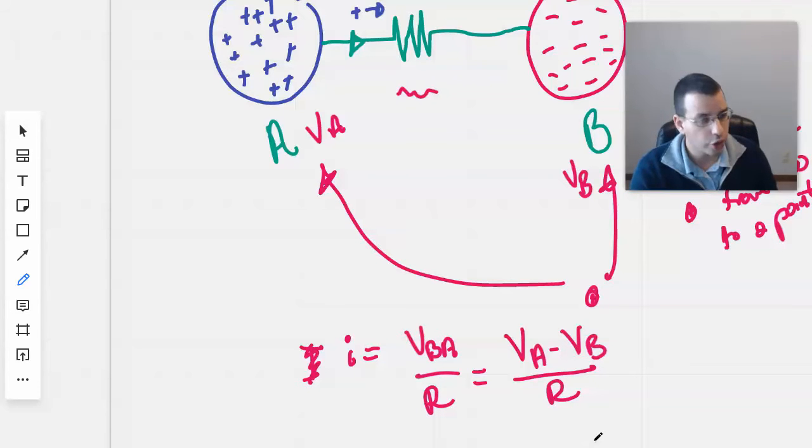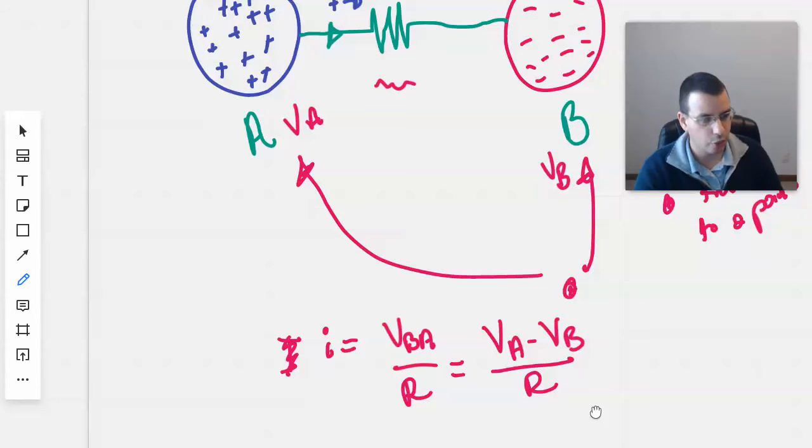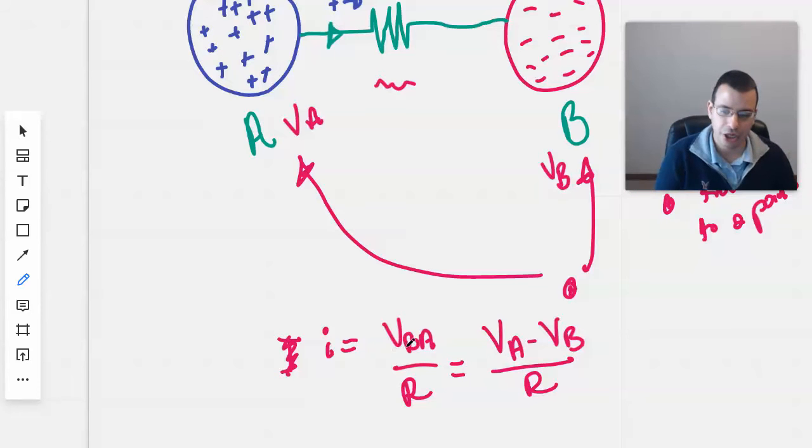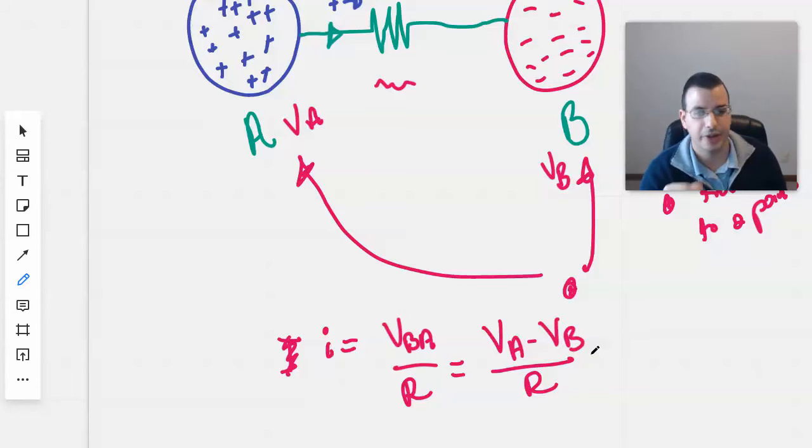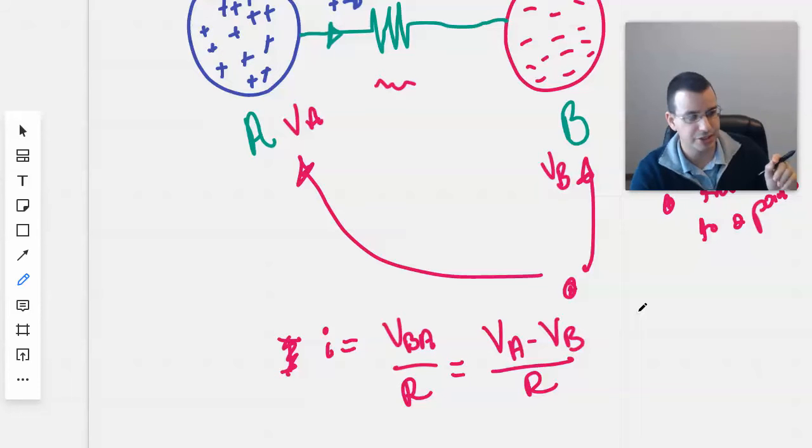So a quick discussion of notation. There is no clear way of writing the dual notation at the bottom. When you're talking about electrostatics, it's normally written like this, where voltage BA would be voltage A minus voltage B. And that goes back to the definition of voltage being taking a positive test charge from infinity and the work required to move it to a point.